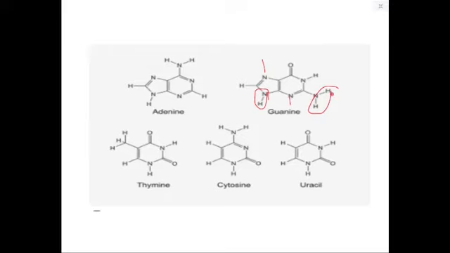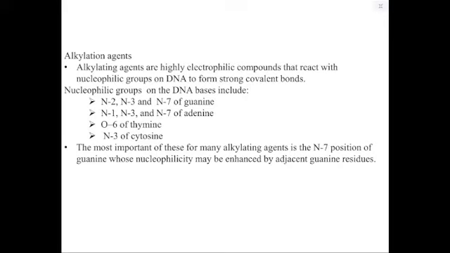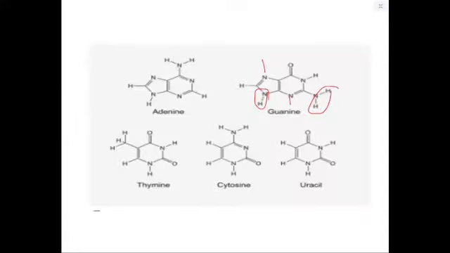So we are talking about N2, N3, and N7, the positions that are available for alkylation. For adenine, we have N1, N3, and N7. So both of them have the N7.